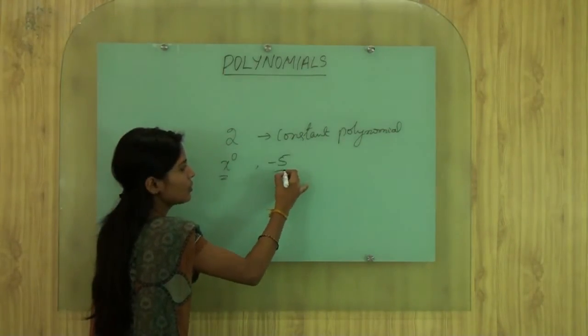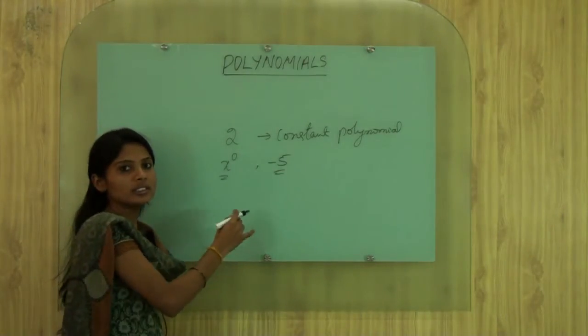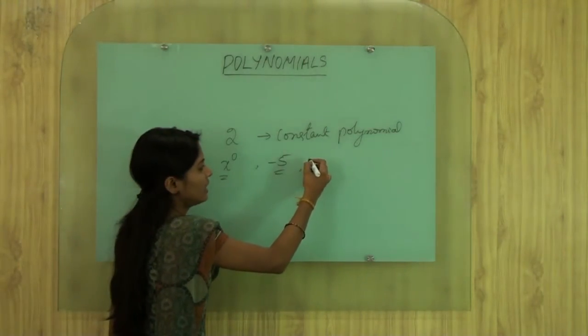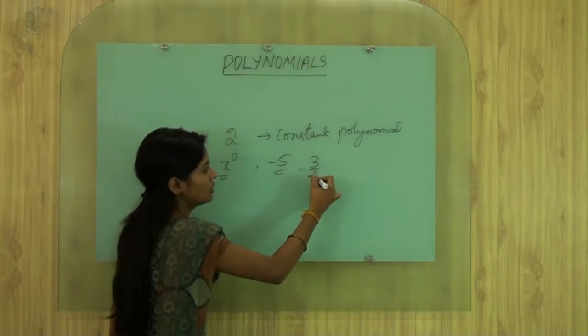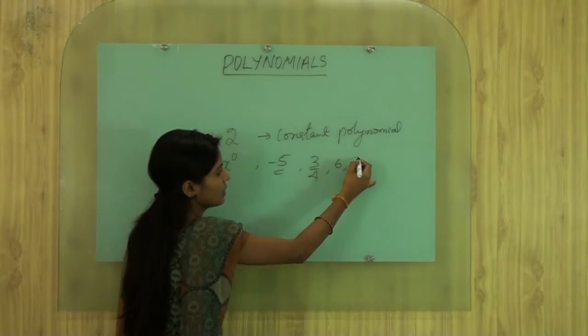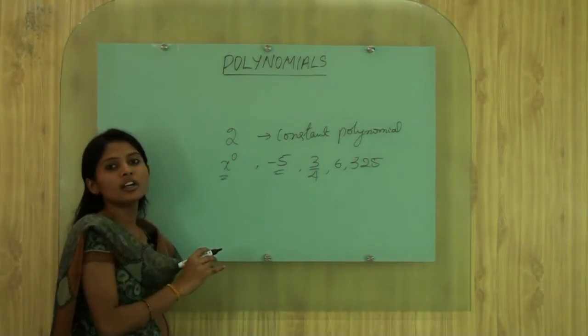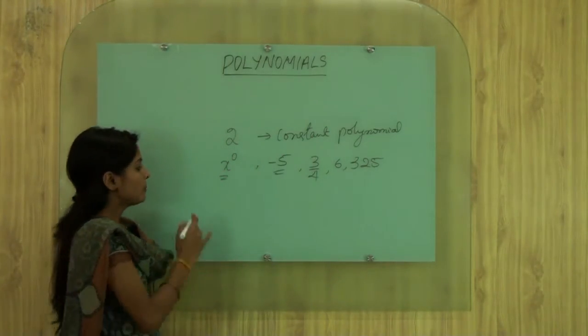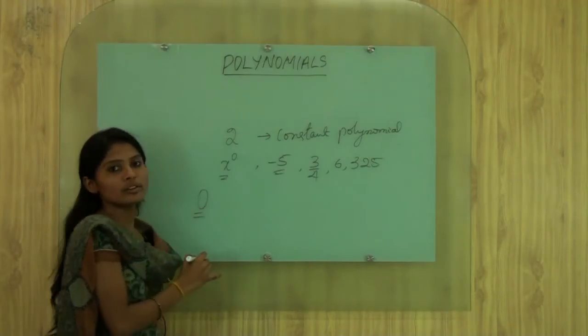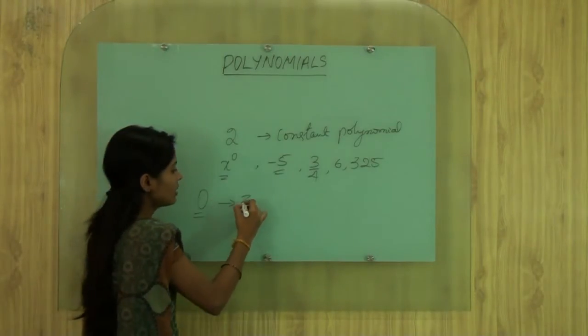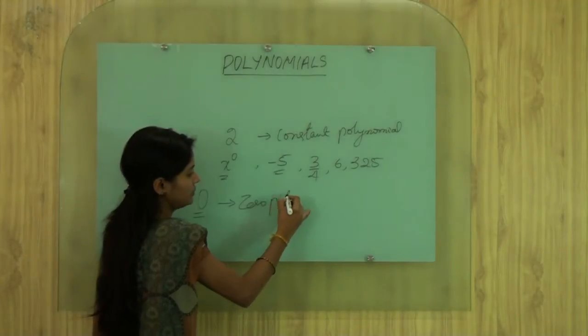Minus 5 is also a polynomial. This is a constant polynomial. You can take any number, 3 by 4, 6, 325, all these are constant polynomials. 0 is also a polynomial. This is called the 0 polynomial.